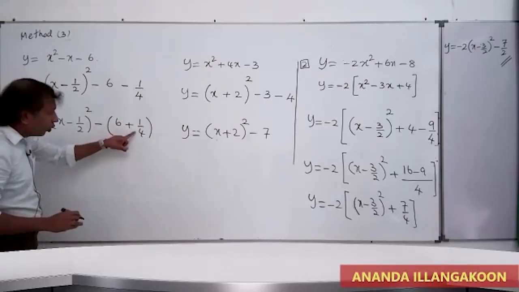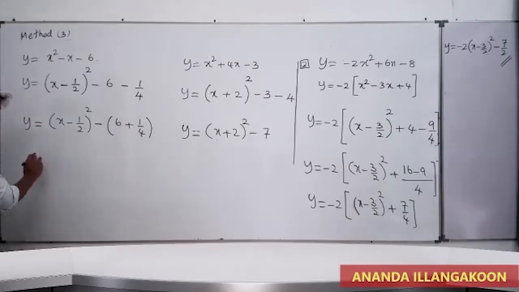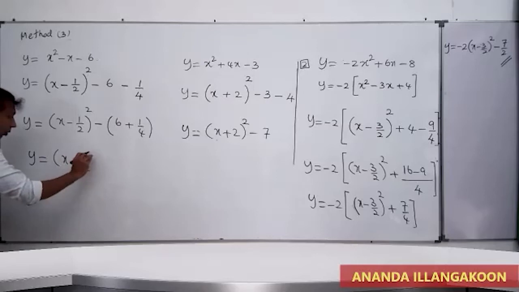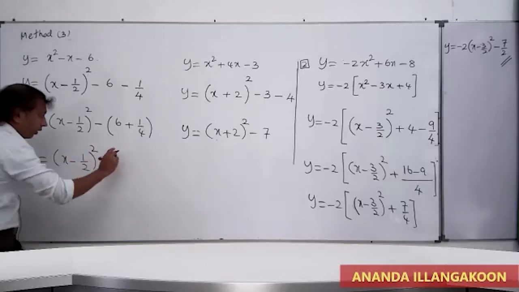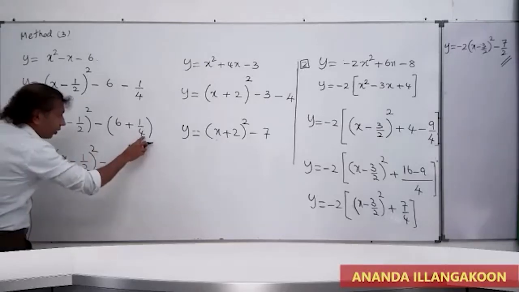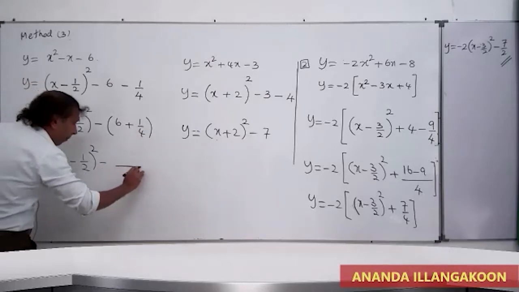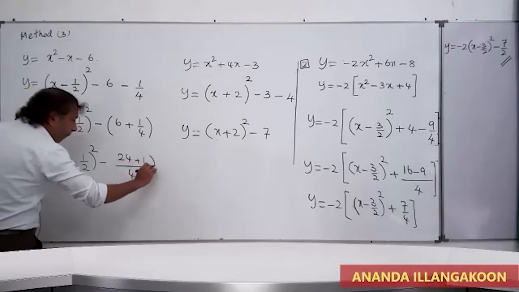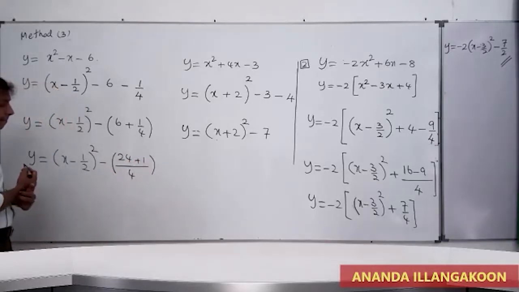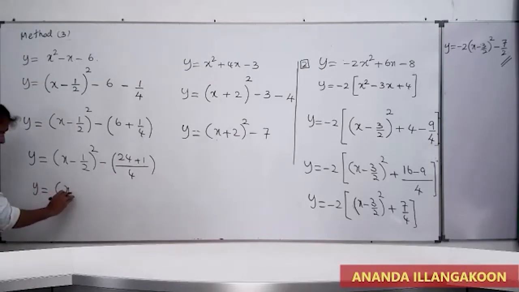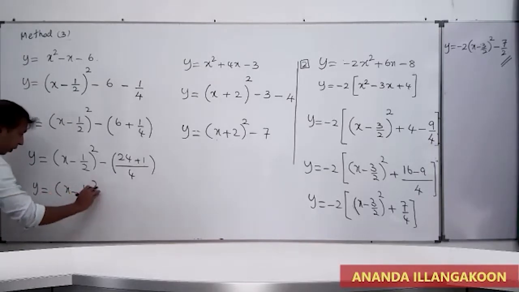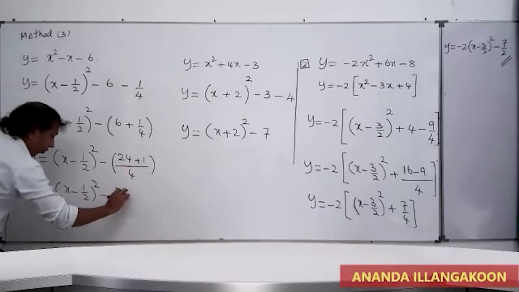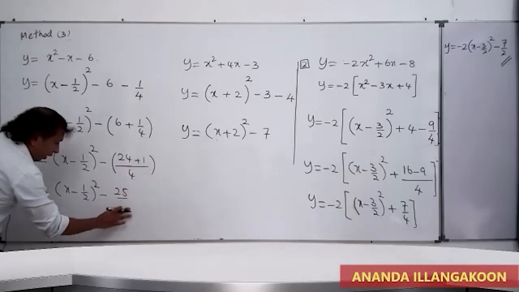Now taking the common denominator as 4, simplify this. Y equals x minus half perfect squared. Here take the common denominator, what, people? 4, no? 4 into 6 is 24 plus 1. Y equals x minus half perfect square. Here we get 25/4. Up to here we came now.